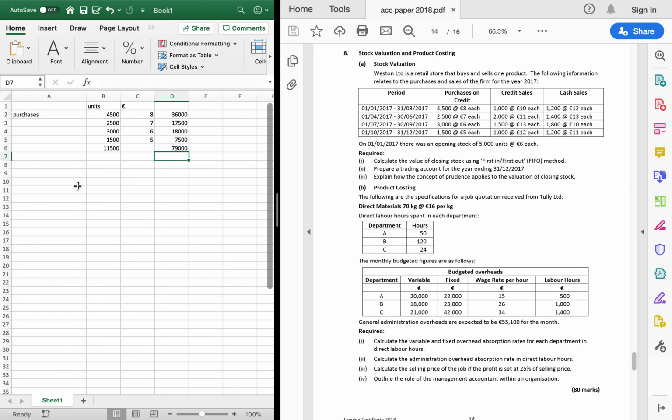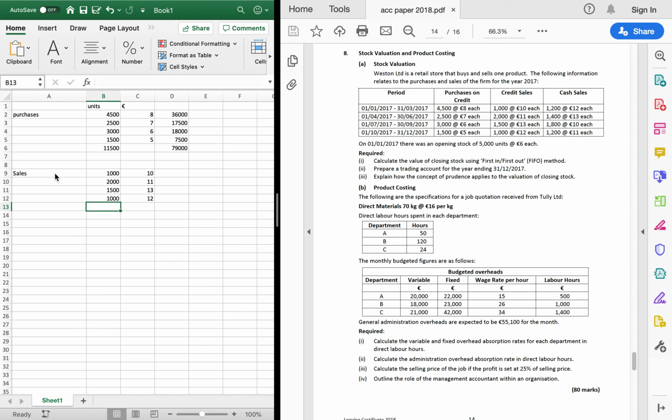We're going to do the same then for sales. We're going to do all of these 8 sums here. Now, sales, so it's 1,000 by 10, 2,000 by 11, 1,500 by 13, and 1,000 by 12.